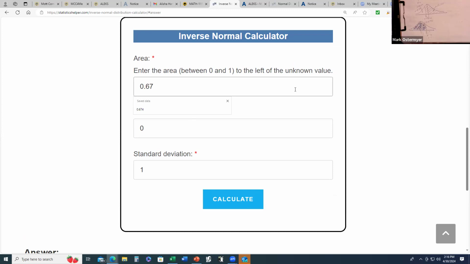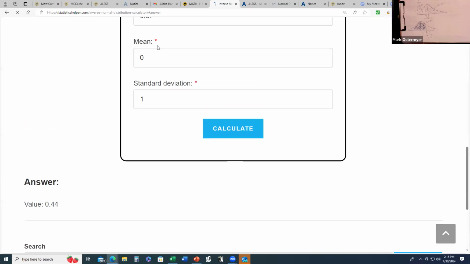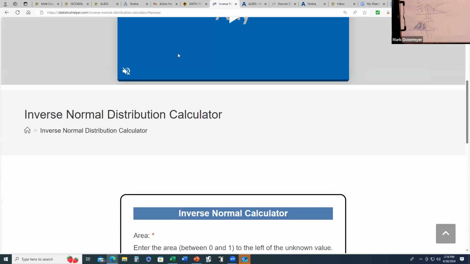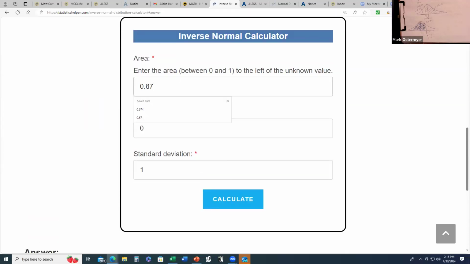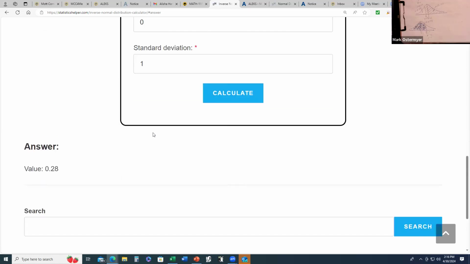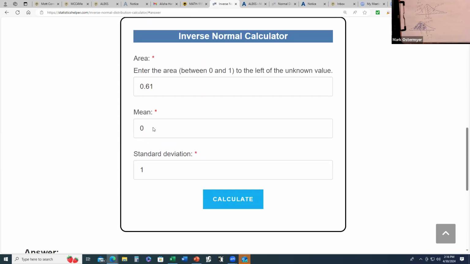Let's see. Six, seven. 0.28. It's not making any sense.